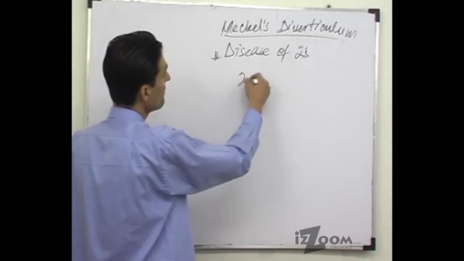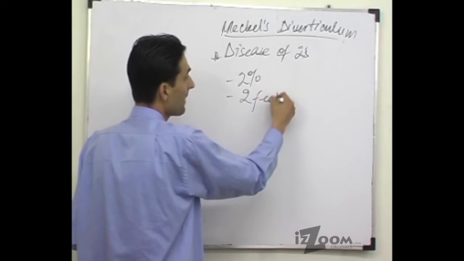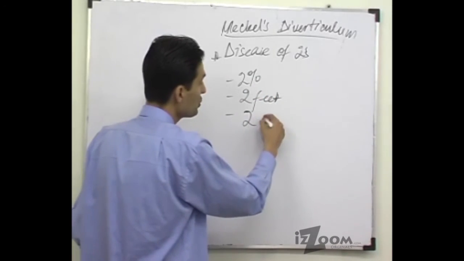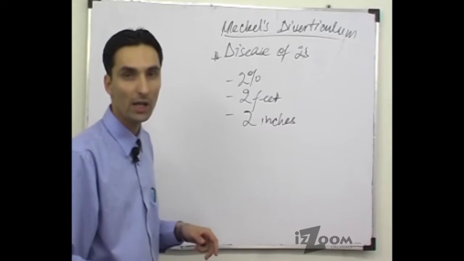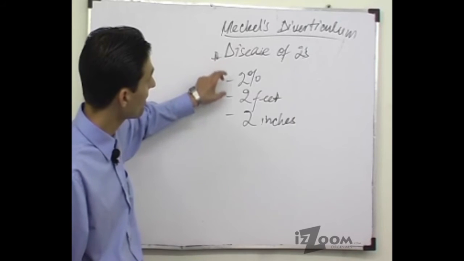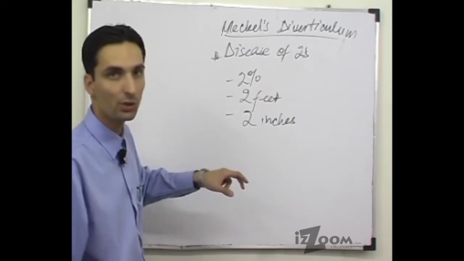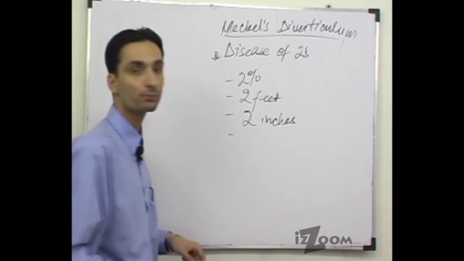The reason being that this is a pretty good mnemonic for memorizing the features of the disease. 2%, it affects 2% of the general population. It is 2 feet proximal to the ileocecal junction. It is usually 2 inches in size.